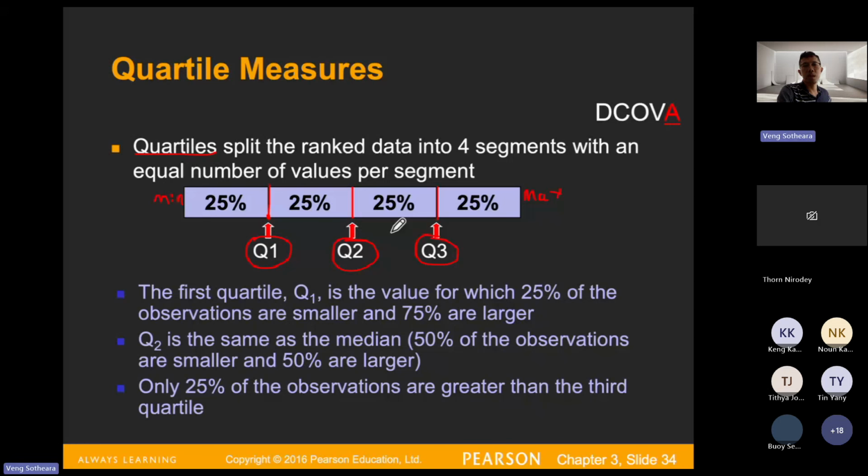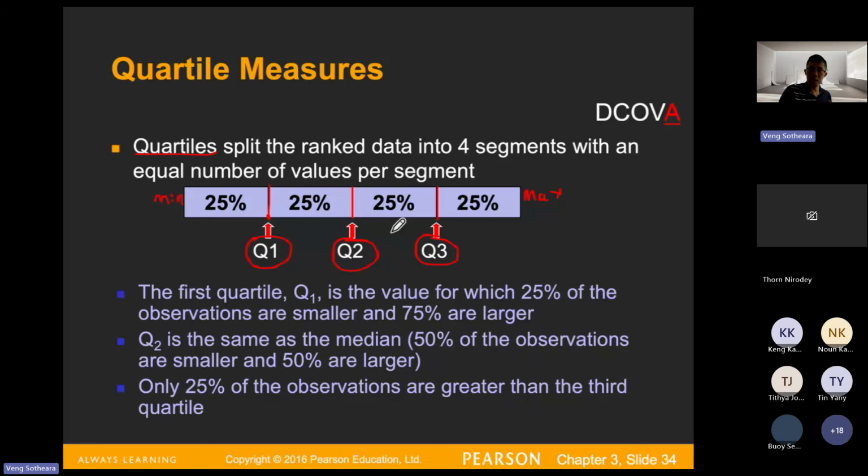Q2 is a position that divides the data into 2 equal parts. So it is the median. Okay, that's great. It is the median, a position that divides the data into 2 equal parts.